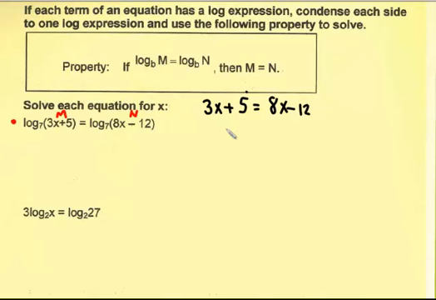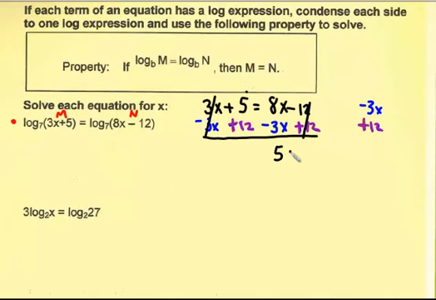We're solving for x, so let's subtract 3x from both sides and add 12 to both sides. 5x is equal to 17. Divide by 5, and x is equal to 17 divided by 5.